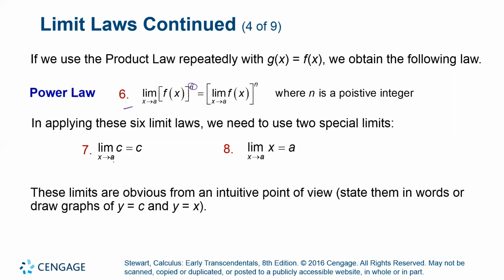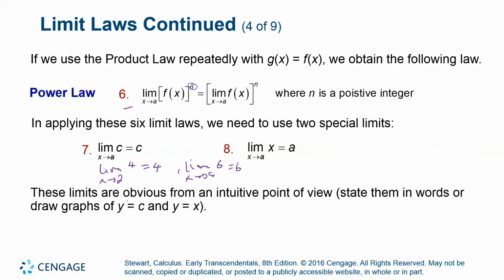The next law is the law of a constant. If I take the limit of any constant, it's the same as that constant. For example, the limit as x approaches 2 of 5 or 4 is equal to 4. It doesn't matter. The limit as x approaches any number a of, say, 6, the answer is 6.